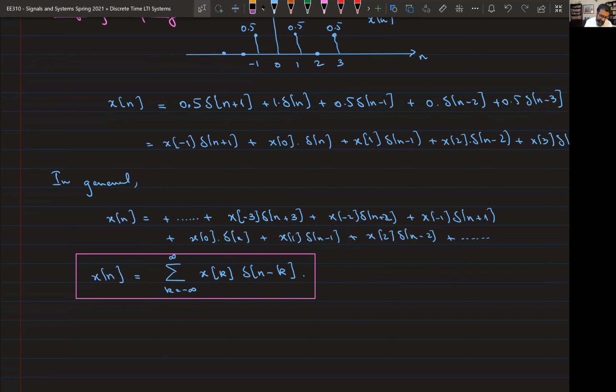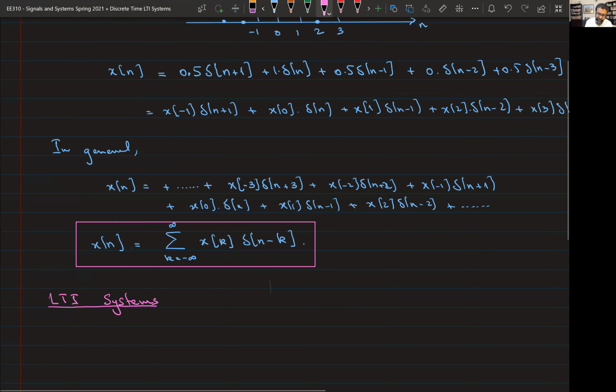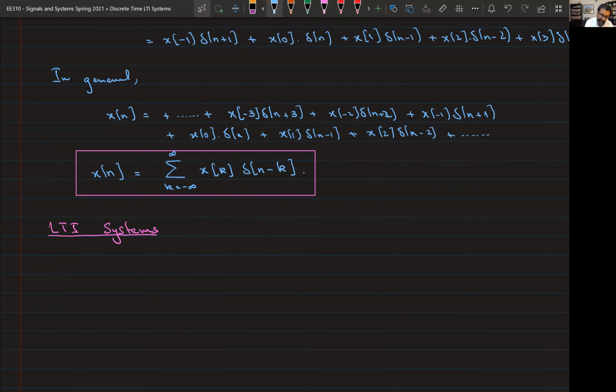So LTI systems, somebody can remind me what properties linearity implied and what time invariance implied. If I have a system in which the input is x of n and the output is y of n, what does linearity mean?